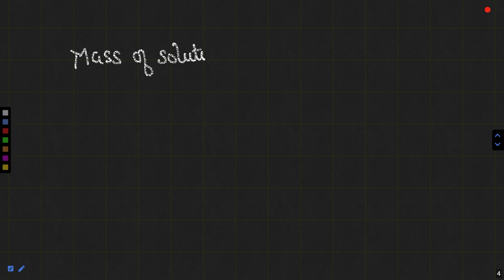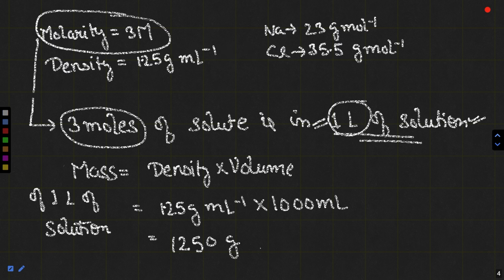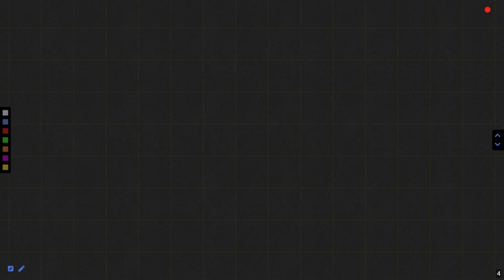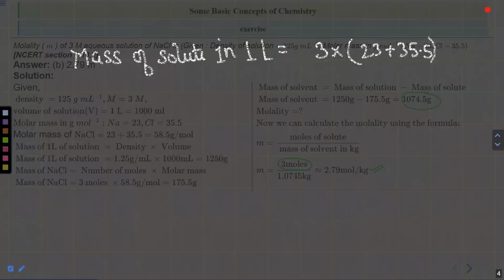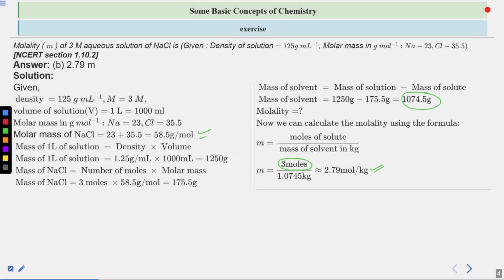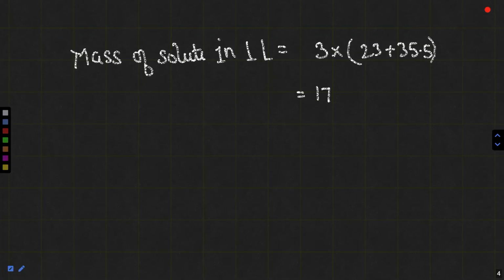Given that we know the moles in that 1 liter, the mass of solute in 1 liter would be 3 multiplied by the molar mass. And what is the molar mass? Since our salt is sodium chloride, it will be 23 plus 35.5. If you keep all the values here, you will get the mass as 175.5 grams. I'm skipping the calculation part as we are lacking time here.